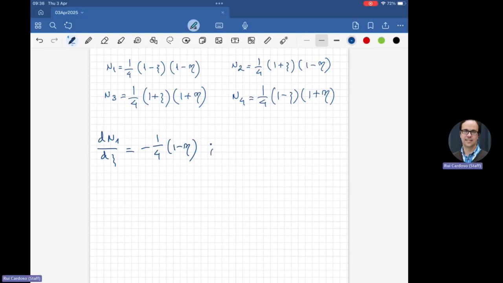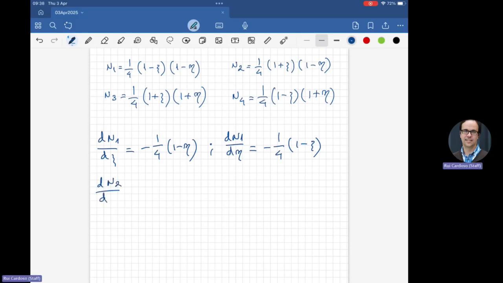Now the derivative of n1 in order to eta is going to be minus 1 over 4, 1 minus c. It's super easy.